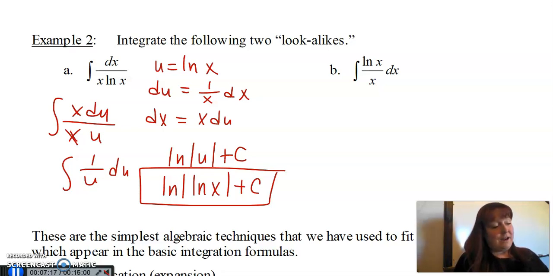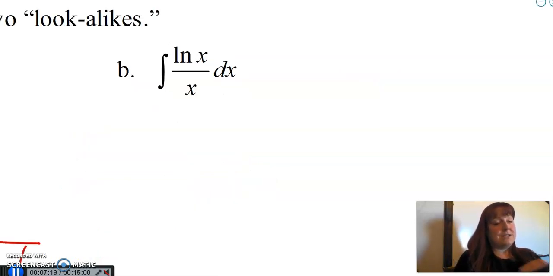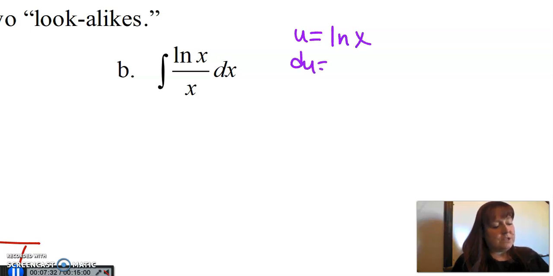Okay, now this time, again, I'm going to do a U-substitution for ln, because I don't know how to integrate ln. I don't have a formula for that. Okay, so u equals ln x, therefore du equals 1 over x dx. Therefore, dx equals x du. Okay, so I put this in.